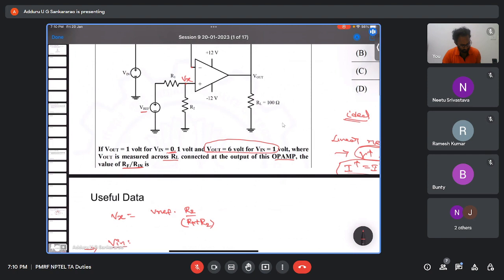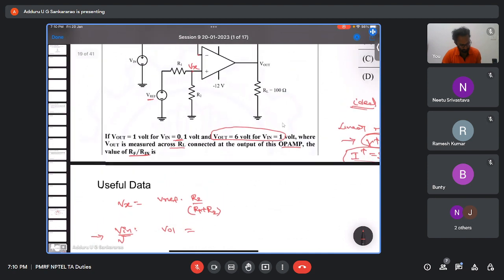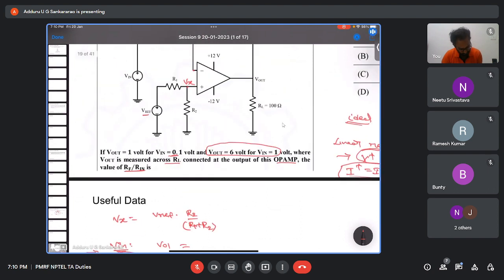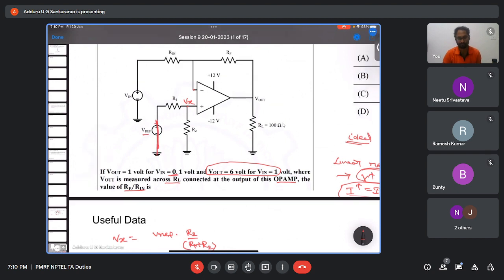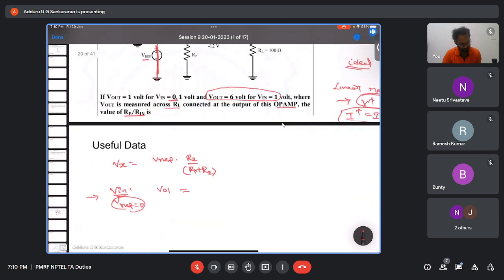V in we consider, and the output we call V01. Now V reference you make 0. See here, if you make V reference 0, then Vx is 0. Now it is an inverting amplifier. For an inverting amplifier, we know the output is minus Rf by R1 into Vin. This you know very well.